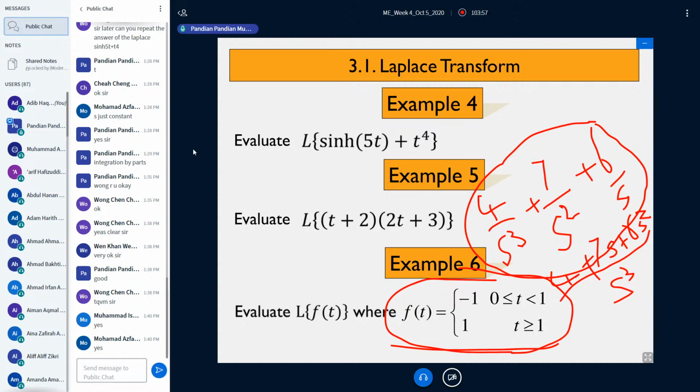So the final answer will be 1 over s multiplied by e power minus s. Can you get that, class? That is the answer. Laplace of f(t) is 1 over s e power minus s.